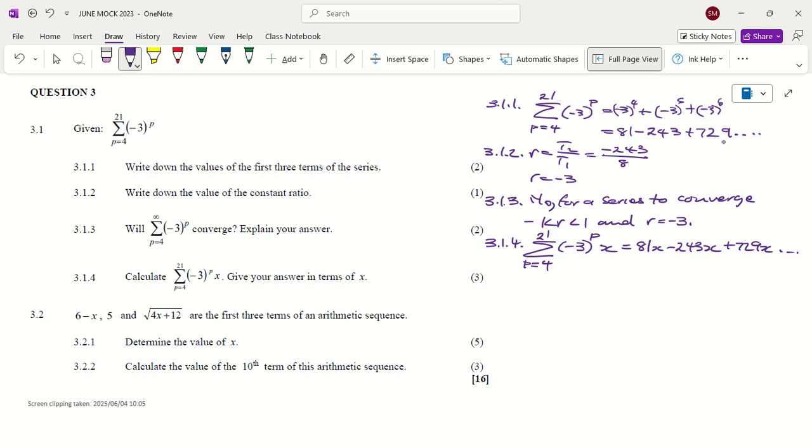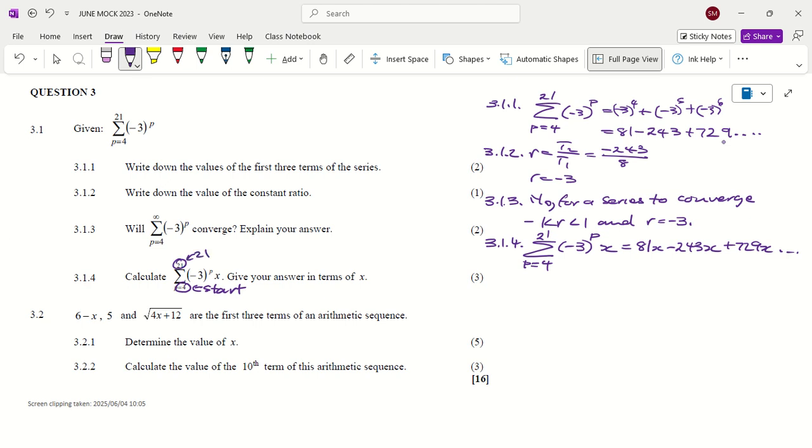It continues. Now we need to find the sum of these terms. The terms started at 4 and end at 21.